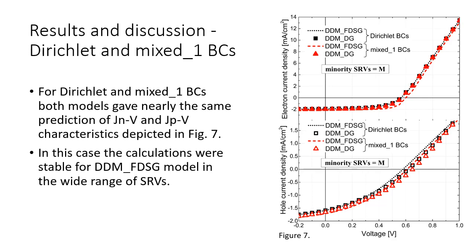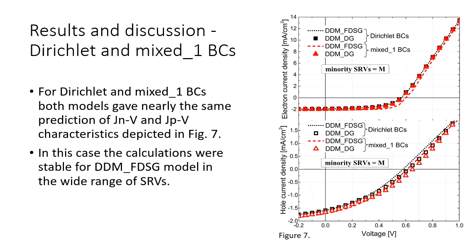The voltage values are set on the abscissa. In the upper graph, the electron current density Jn is set on the ordinate. The curve values are calculated for both models DDM FDSG and DDM DG for Dirichlet boundary conditions marked in black curves and for mixed 1 boundary conditions marked in red curves as shown in the legend.